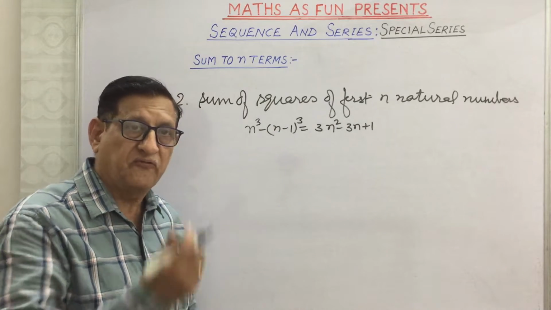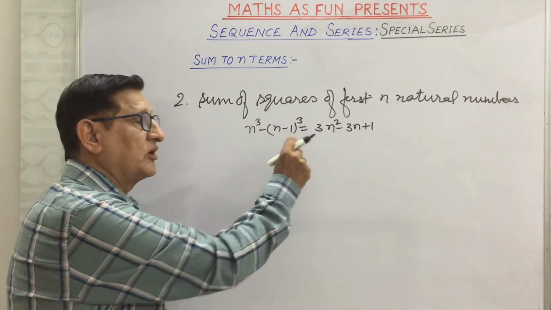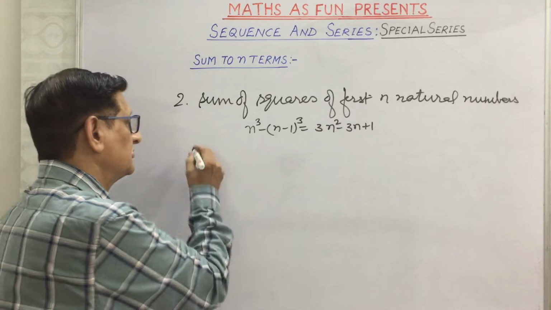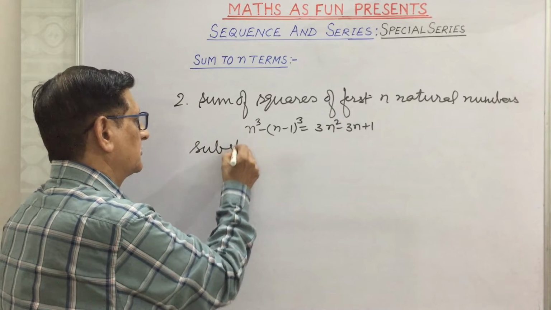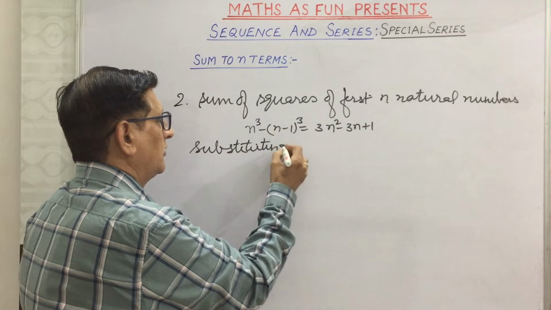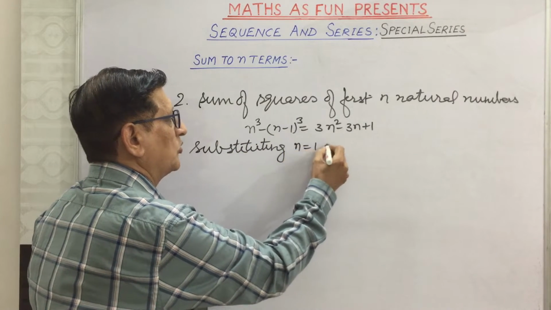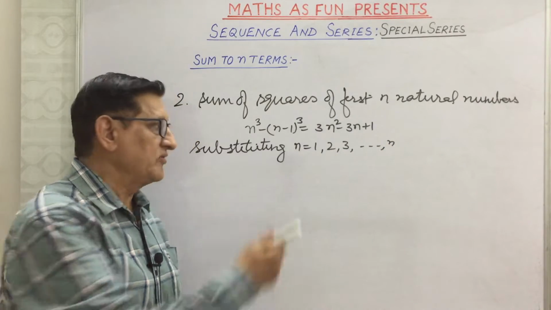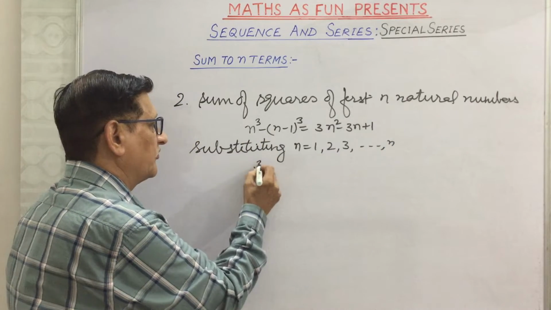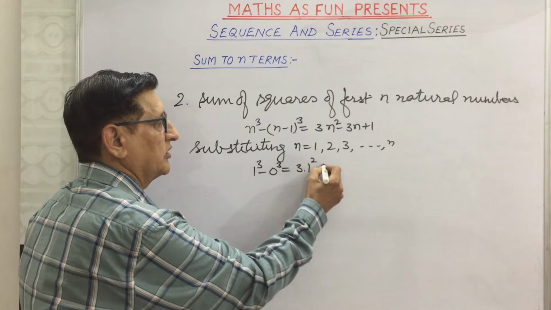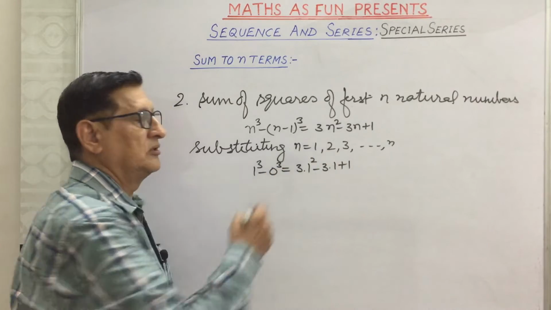If we substitute the value of n as 1, 2, 3 up to n here, let's see what happens. When we substitute 1, we get here 1 cube minus 0 cube equal to 3 into 1 square minus 3 into 1 plus 1.